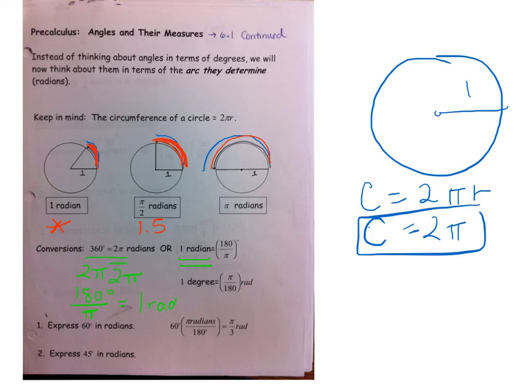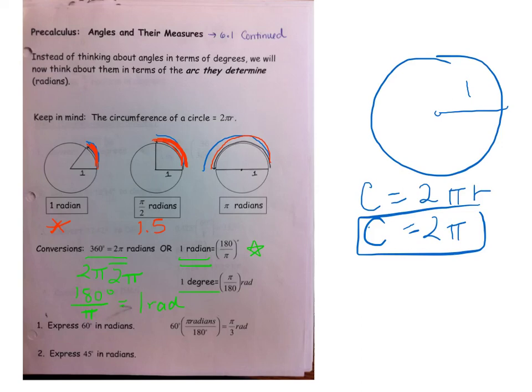And you can put rad, 1 rad. Alright, so again, I know a little confusing, but there's the conversion. It's just like if I said 12 inches equals 1 foot, we're going to say 1 radian equals 180 over pi degrees. And then the reverse must be true too. 1 degree should equal pi over 180 radians.